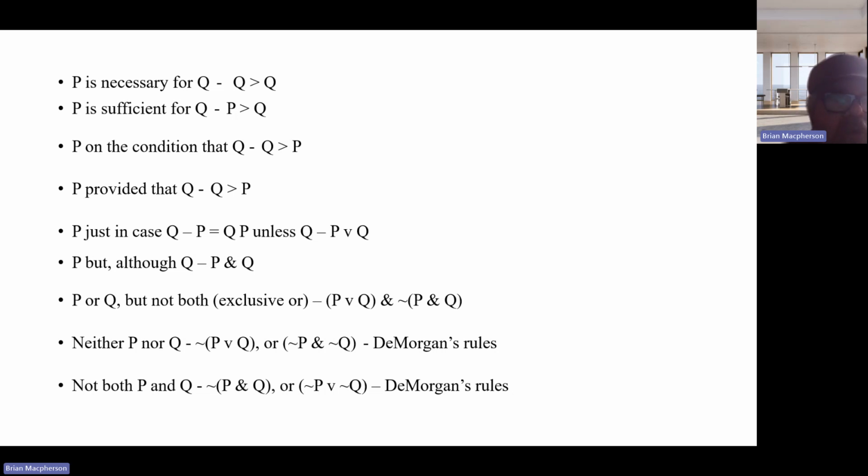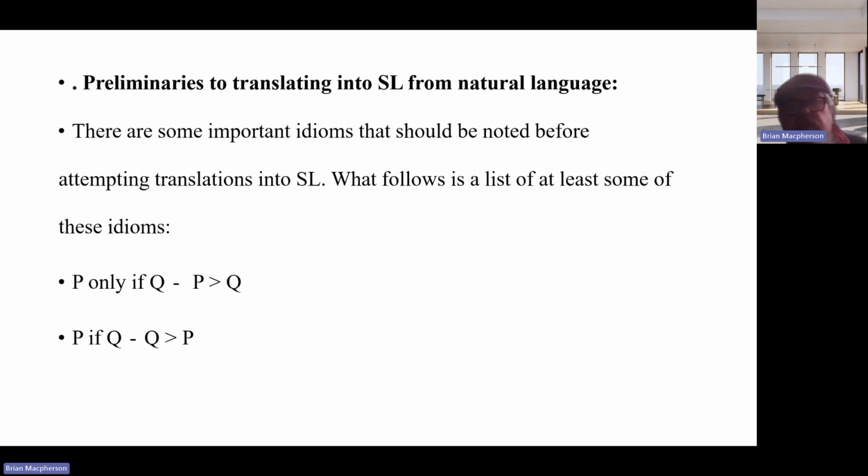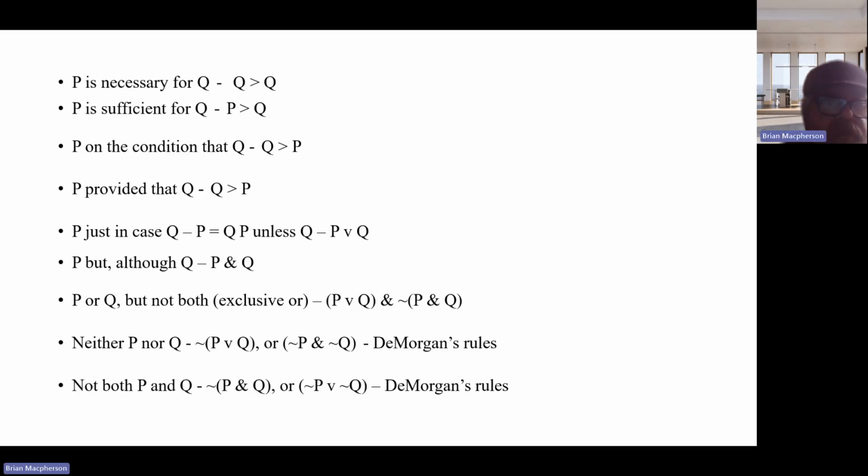So why don't we just review it one more time? Nothing wrong with review. If you look at these idioms, P only if Q is always translated as P then Q. P if Q is always translated as Q then P. P is necessary for Q, typo again, my apologies, should be Q then P. The necessary condition is always the consequent of the conditional.